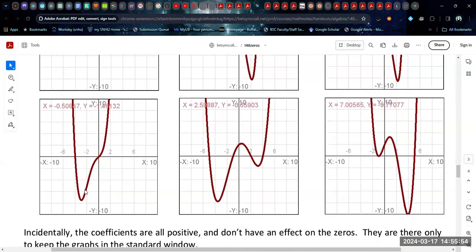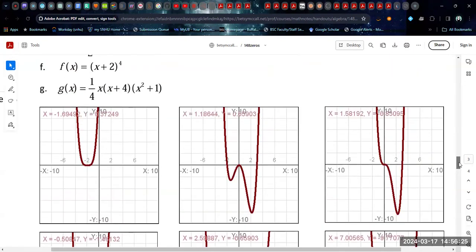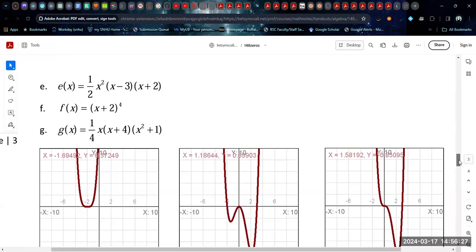If we look at this graph, I have a 0 here, it looks like at -4, and then I have another 0 at 0. The way that this graph looks, this sort of odd kink in the graph, suggests that we might have some kind of quadratic unfactorable component to it. So let's actually check that out and see if we can find that. Yep.